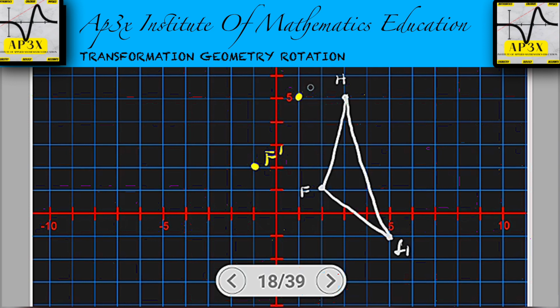That's my G prime. And my H prime is negative 5, 3. So that's 1, 2, 3, 4, 5 left, up 3, 1, 2, 3. That's my H prime. And by connecting these, you'll see that a rotation has occurred.